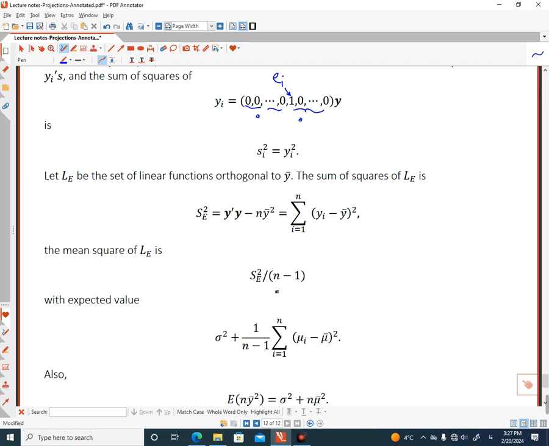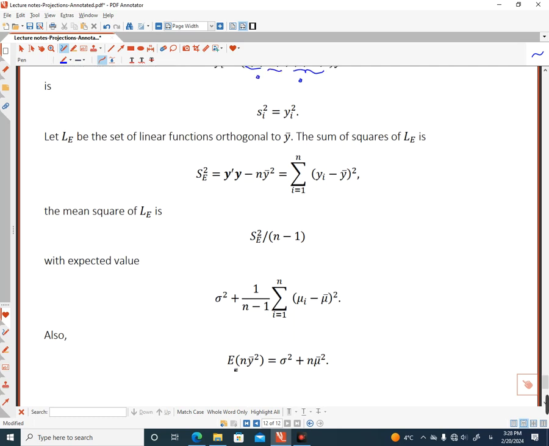And the mean square error, I can then obtain by dividing by the rank, which is n minus 1. So this is the mean square of the set L, and the expected value can easily be obtained with this formula. Also, we can find this expected value. The result is pretty simple and straightforward, so I didn't want to repeat it again in order to keep the video very short. Thank you for listening.